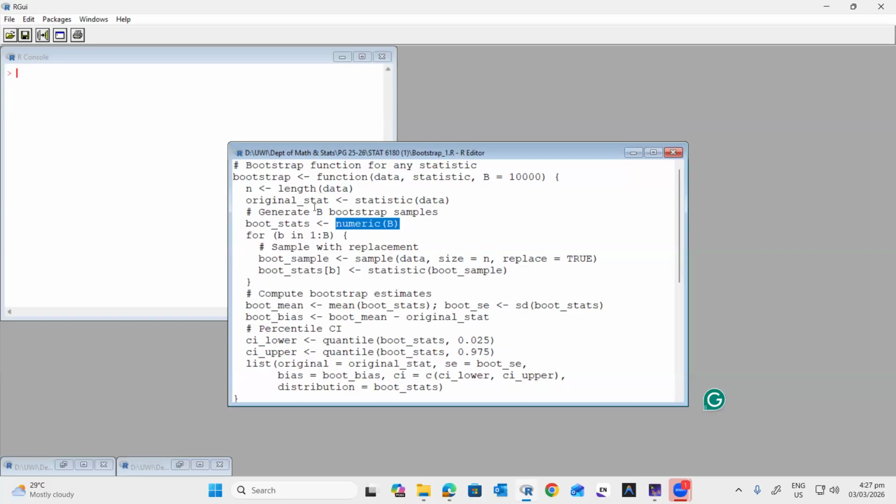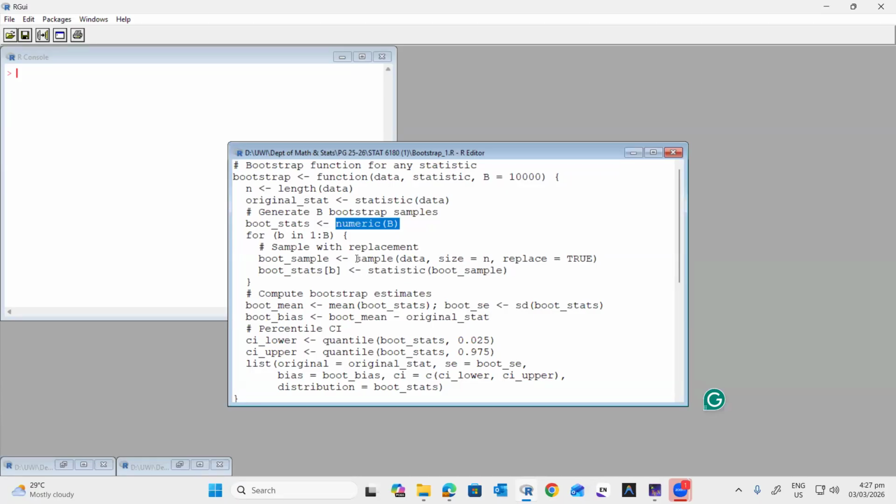After that, I am going to apply the for loop that goes for b in 1 to B, whatever the size of B is, which is 10,000 I took. So this for loop should run 10,000 times. Inside it, I'm going to take the sample with replacement. In boot sample, I'm going to generate a sample of size n.